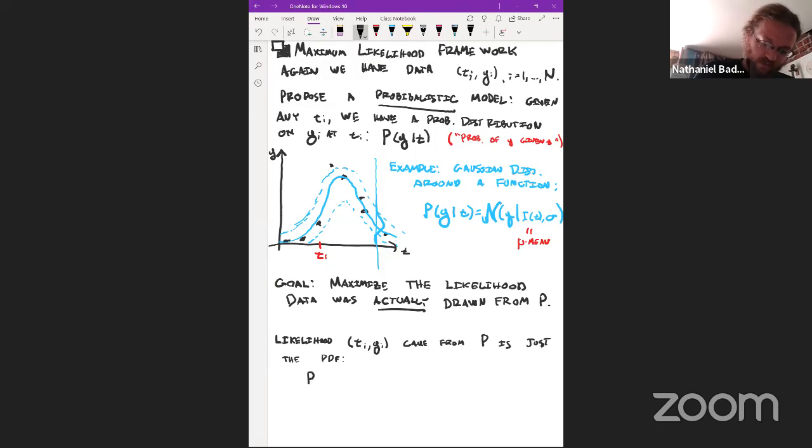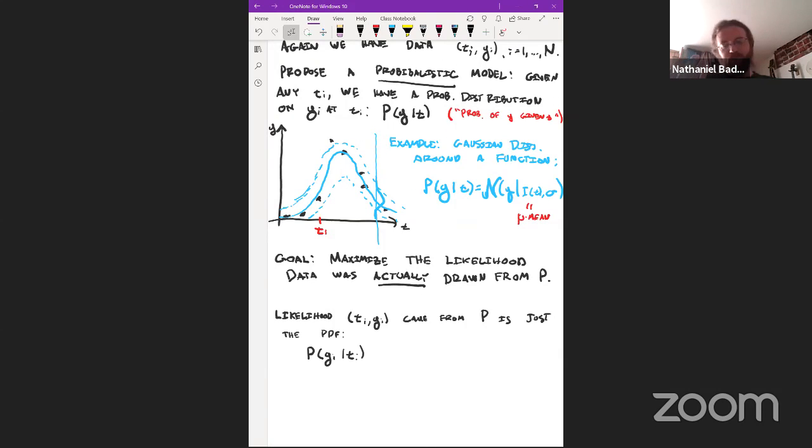So this is just the probability of Yi given Ti. In our example, what is that going to be? There's a bunch of coefficients outside the normal thing. So this is going to be P of Yi given Ti.